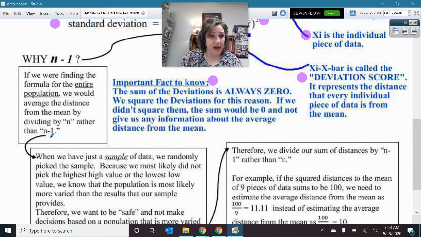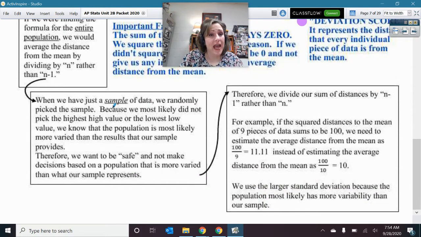And the reason we're going to divide by n minus 1 has to do with this. When we have just a sample of data, we know that there's got to be somebody who's taller than the person in our sample, or even shorter than the person in our sample. So we know that the actual population is actually more varied than our sample, okay?